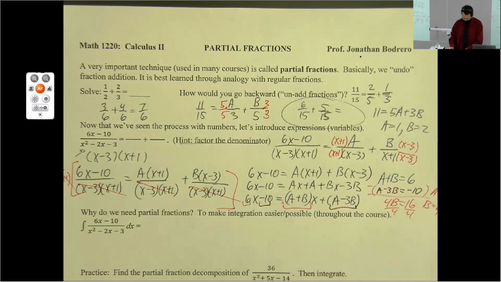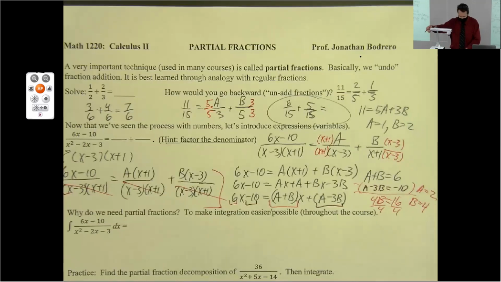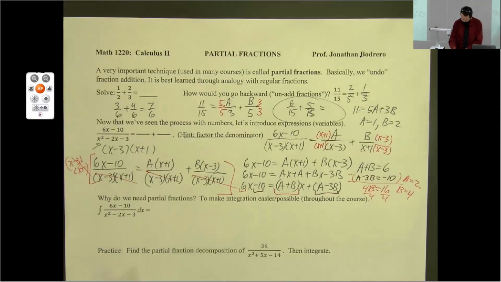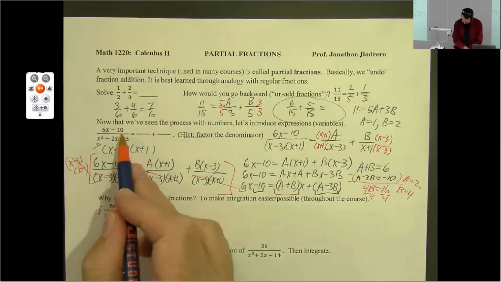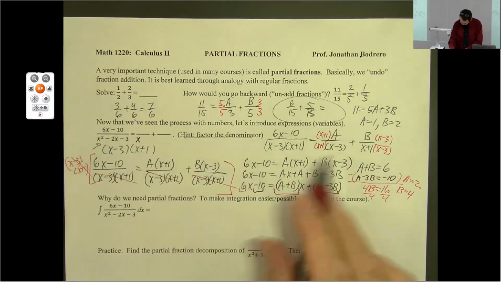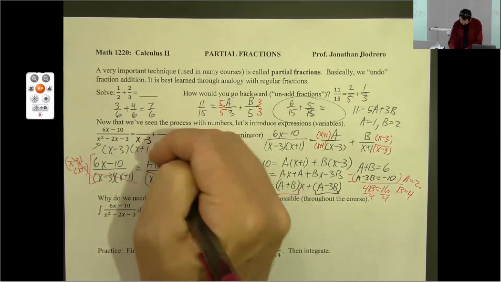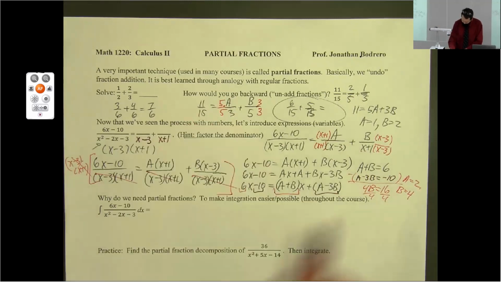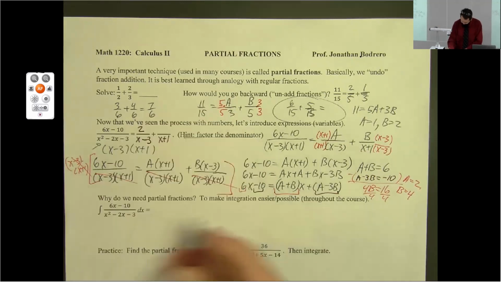There we go. So I can say that this right here is worth, if I did which term first? X minus 3 first and the x plus 1 second, because that's the order you gave it to me. So the a is 2 and the b is 4.